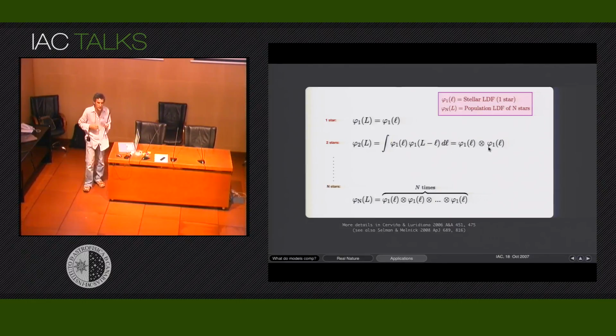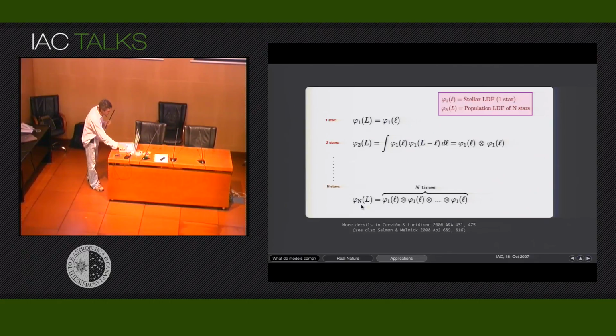That is actually the convolution of these quantities. If you have n stars, at the end the distribution of total luminosity is the n-times convolution of this stellar luminosity function.